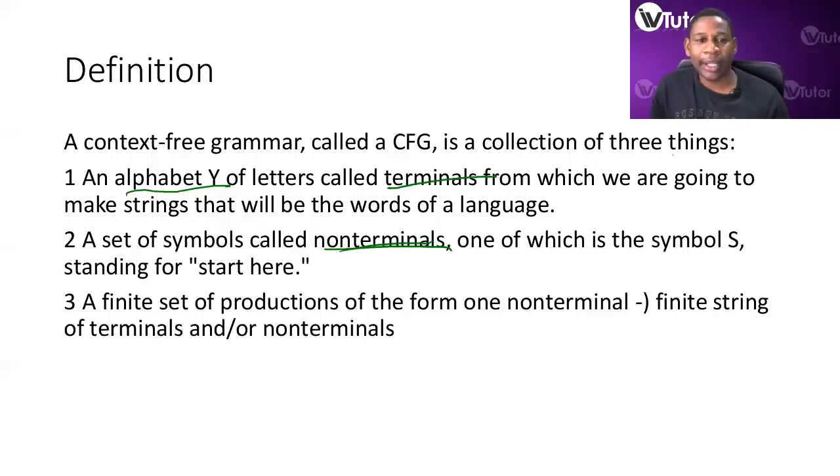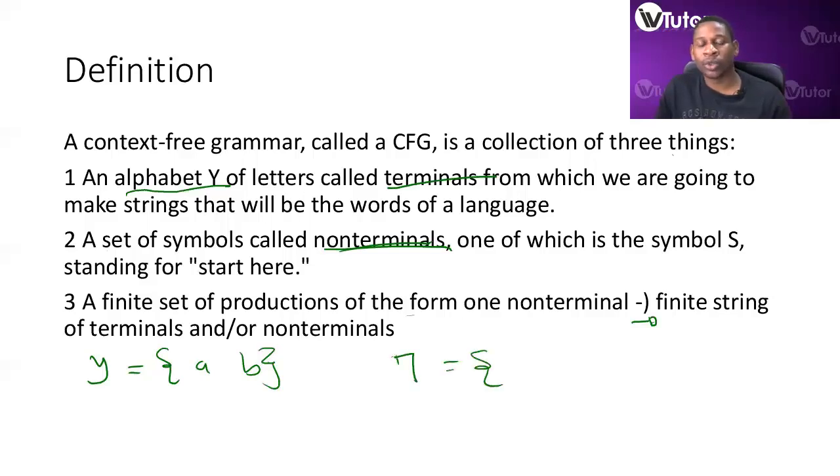And then a finite set of productions of the form non-terminal goes to a finite string of terminals or non-terminals. So we have a set of terminals, then a set of symbols called non-terminals represented by capital letters, X, Y, for example.